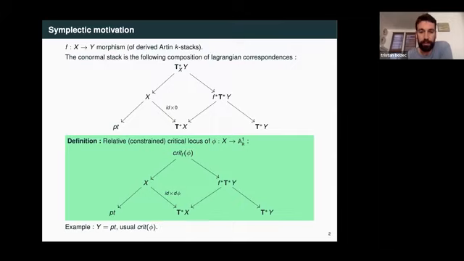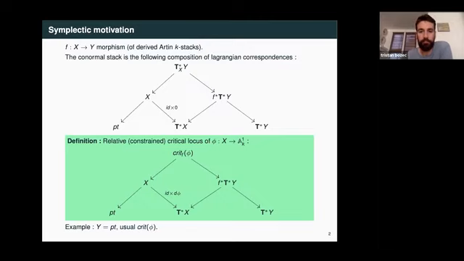Another way of seeing this diagram is as a deformation of the usual critical locus, which is obtained when Y is just a point. Okay, so that's what gives this name of relative critical locus.